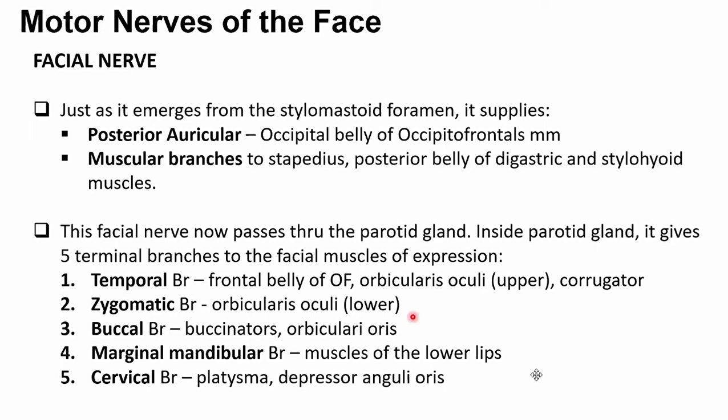We have the zygomatic branch. It supplies the orbicularis oculi lower, and the buccal branch, buccinator, also part of the orbicularis oris. The mandibular branch, muscles of the lower lips, the cervical branch, platysma, and the depressor anguli oris. So the 5 branches.